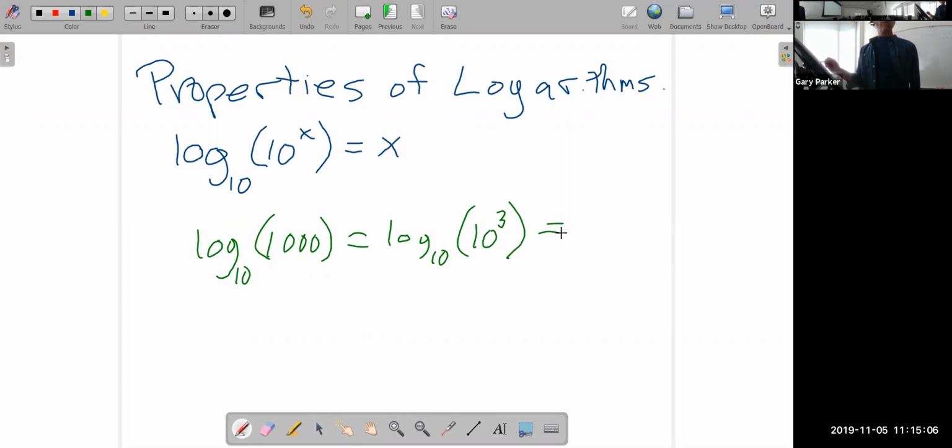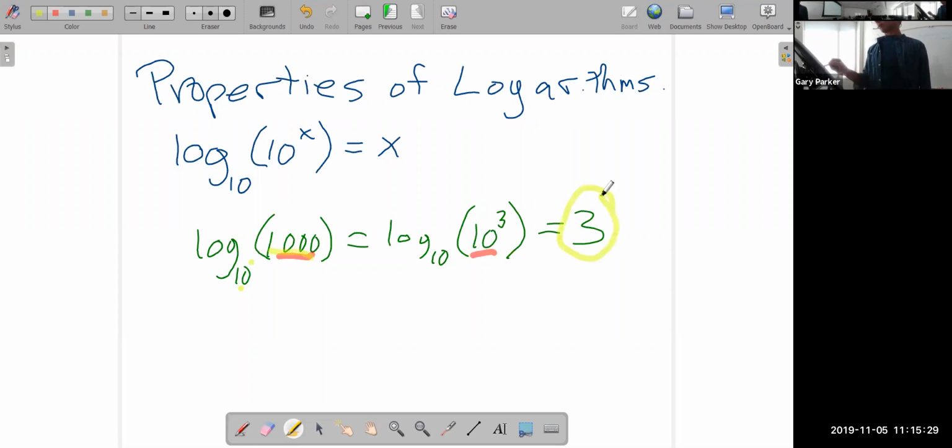Not 1,000, but 3. Just to double check, 1,000 is 10 to the third, is it not? And this statement says 10 to what power equals 1,000? The answer has to be 3.